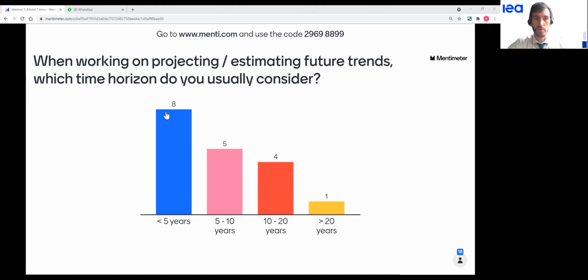So it's important to know future long-term energy demand trends so that we can plan accordingly those long infrastructures. But for other topics, it might be more relevant to look at short term. We'll be interested to discuss more and to understand what exactly you're doing when you look at each time horizon.